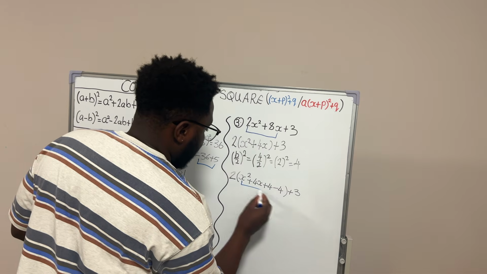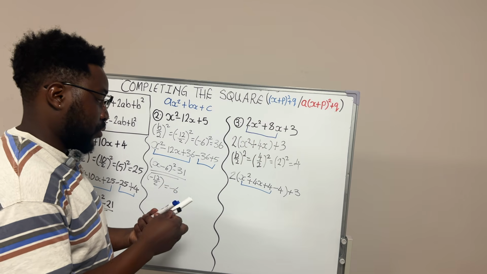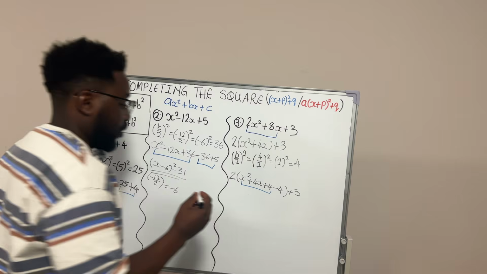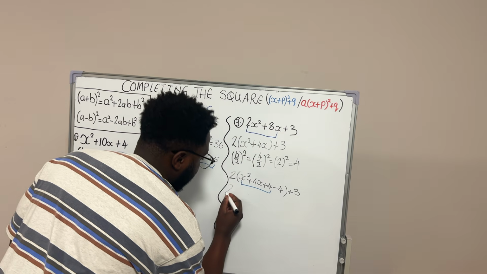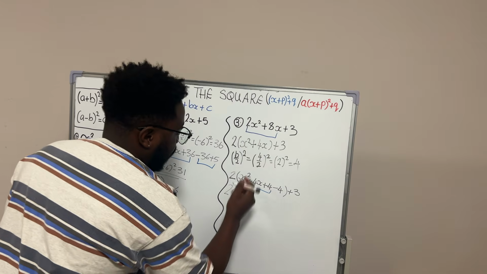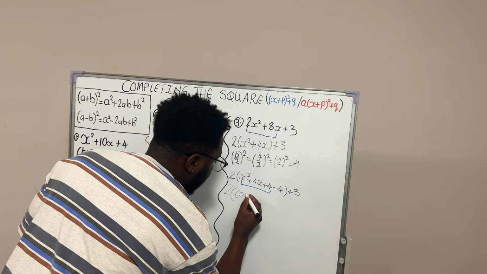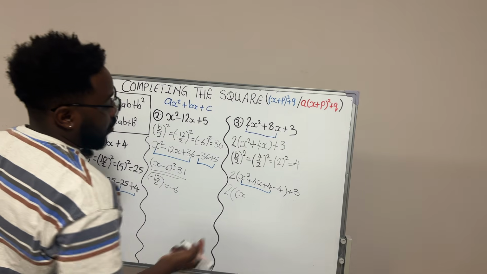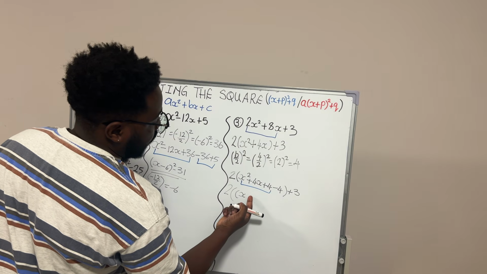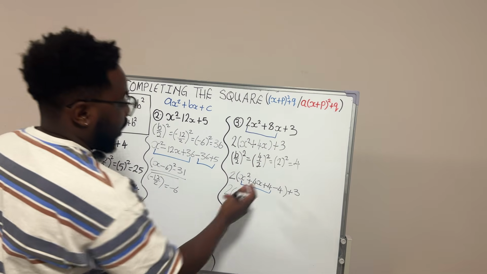If we look at this expression over here, it's a perfect square trinomial, right? So we can write it into a squared binomial, right? So then we shall have 2, open our brackets. What's the square root of x squared? X, yes. And then we have to find the constant here, and we know that we can find it by taking half of the x coefficient.